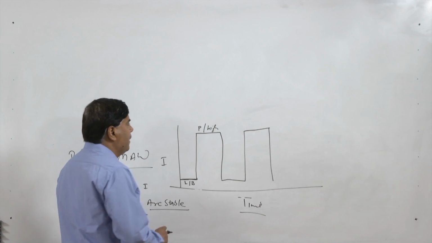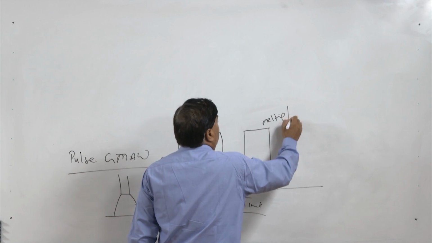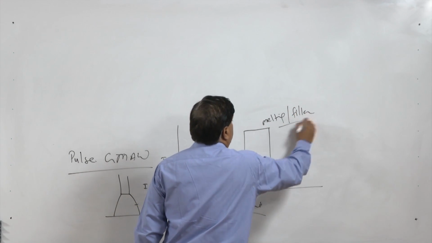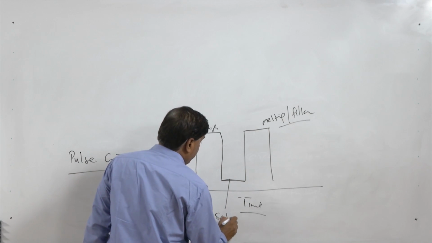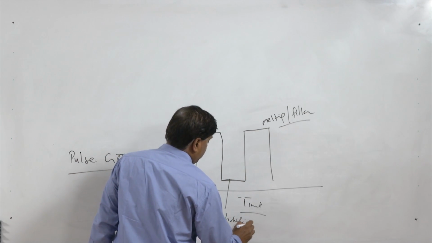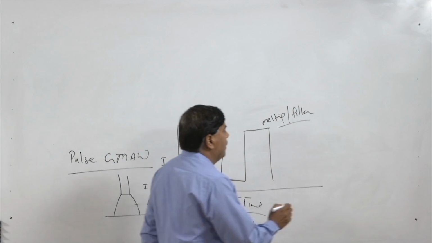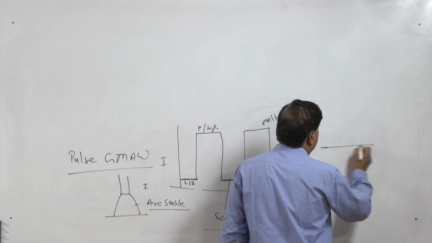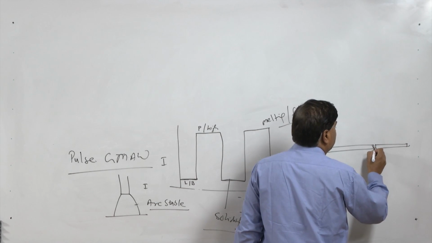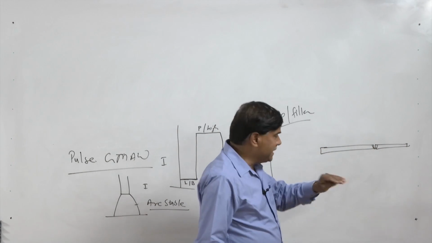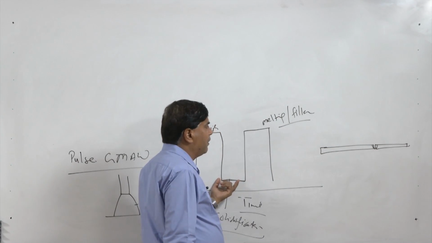When the current level is peak, melting of the base metal as well as filler is facilitated, and when there is a background current, solidification is facilitated. So this is especially useful for cases like when we are working with very thin sheets. The pulse will come, it will melt a small amount of the metal at the edges of the faying surfaces of the sheets, and then solidification will follow.